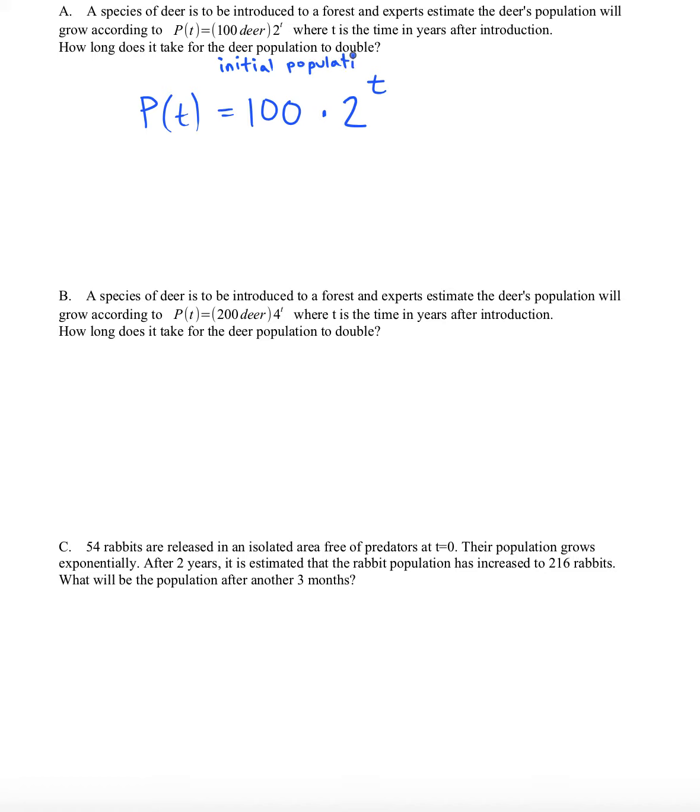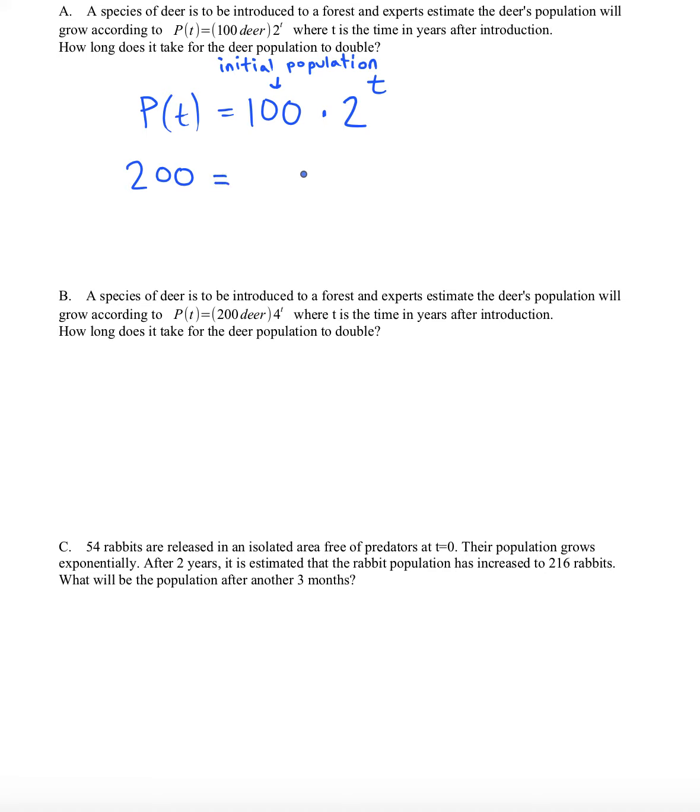How do we know this? Well, imagine t was 0. Then we'd have 2 to the 0, which is 1, and the population would be 100. So in order to get the population to double, all we have to do is just put a 200 over here.